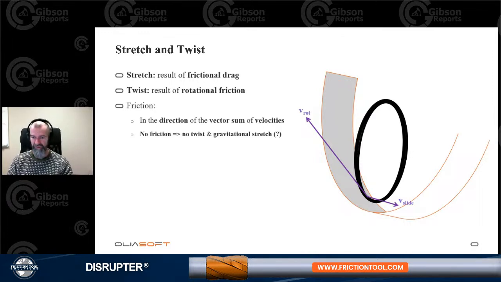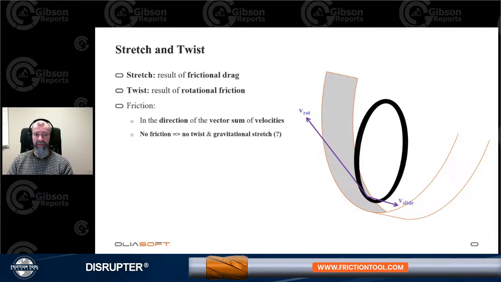Obviously, then frictional drag comes into play here. And for the twist part, it's the rotational friction that comes into play. So on the stretch part, obviously, it's the axial friction from the sliding motion. And of course, again, the friction force acts in the direction of the sum of the velocity vectors, right?